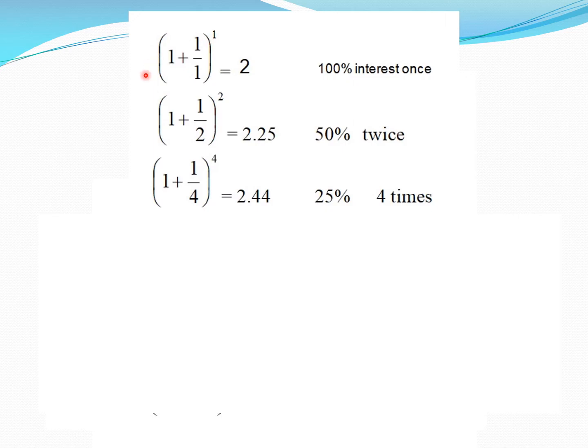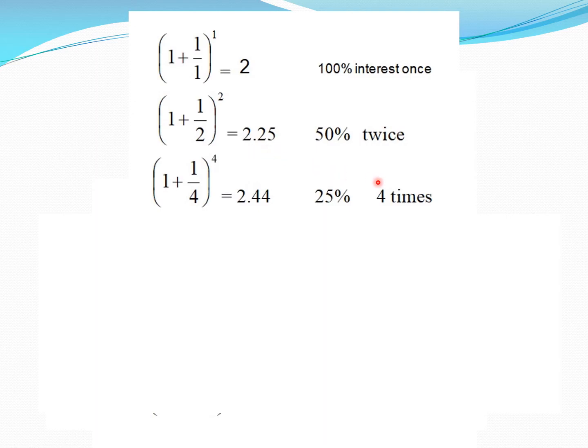So summarizing where we're at, if we put in the euro and get 100% once a year, the formula is 1 plus 1 over 1, to the power of 1, and that's equal to 2. But if we do it twice a year at 50%, it's 1 plus a half, which is the 50%, to the power of 2, twice a year, gives us €2.25.